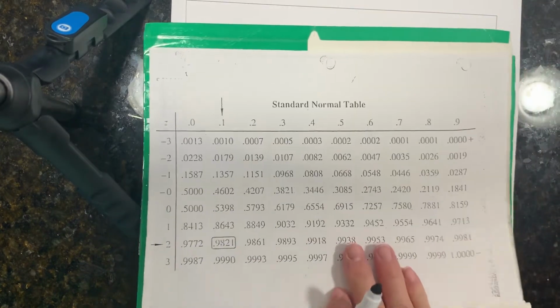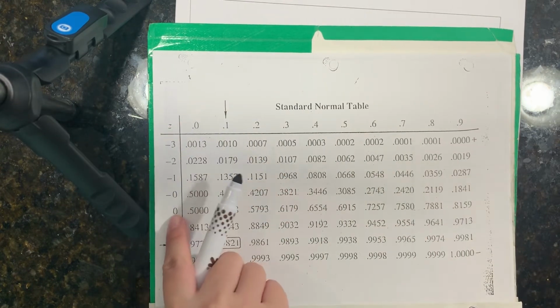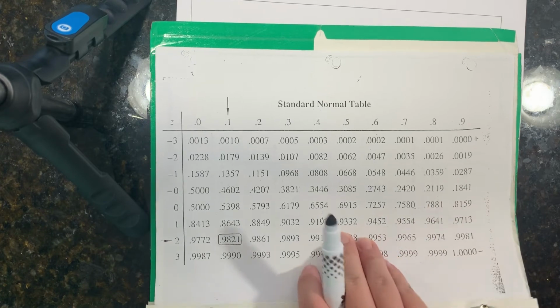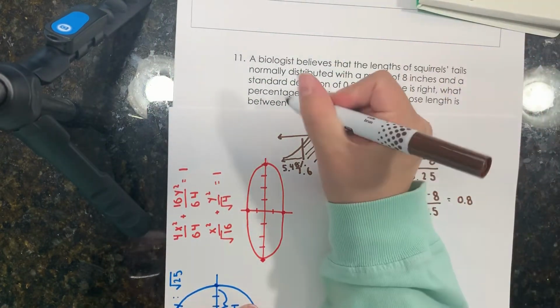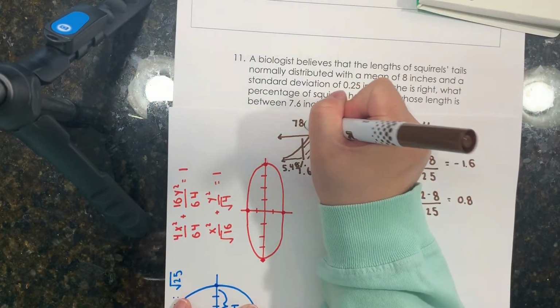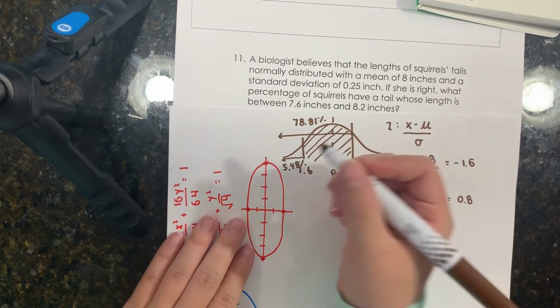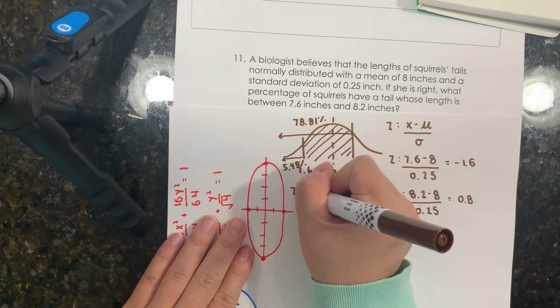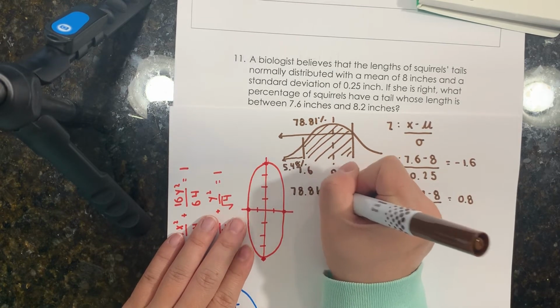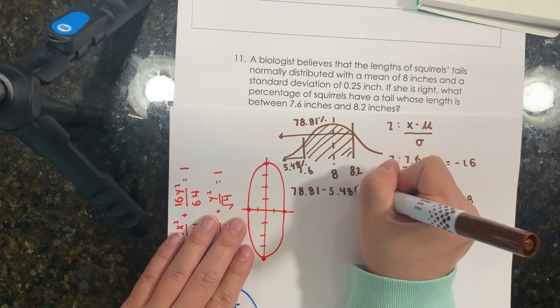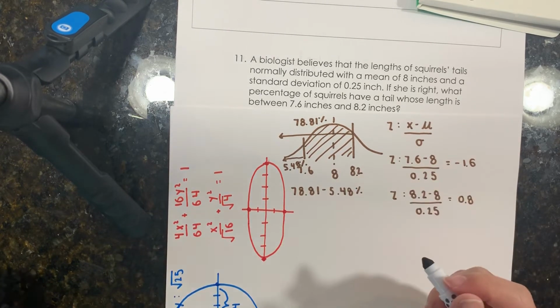Then for the second one, the 0.8, go down to positive 0 and over to 0.8, which gives you 78.81%. And you're trying to find the difference between the two. So the difference would be 78.81 minus 5.48%.